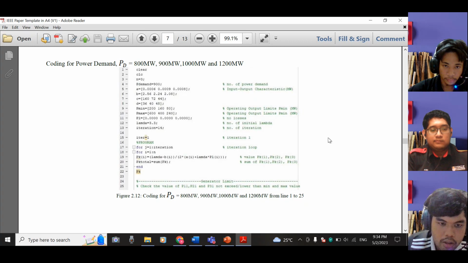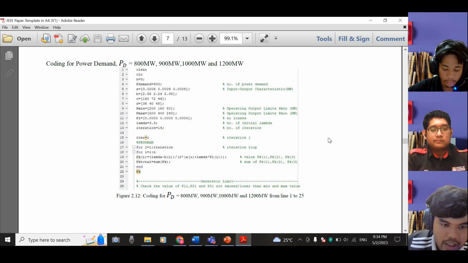For P losses we have used 0 because there are no losses. Then the initial lambda. So this is the iteration, where we need to set the minimum value of delta P, and the error of delta P that we get is equal to 1.